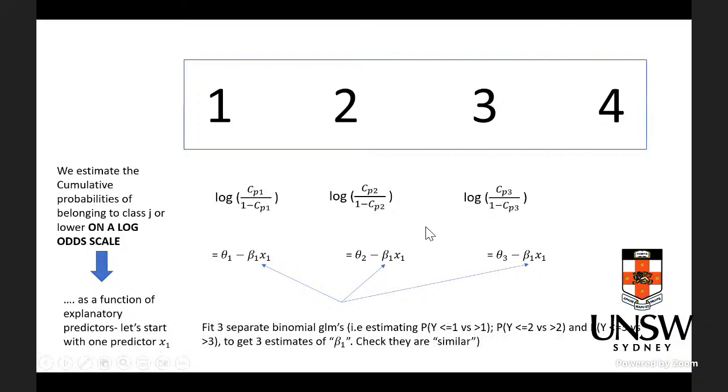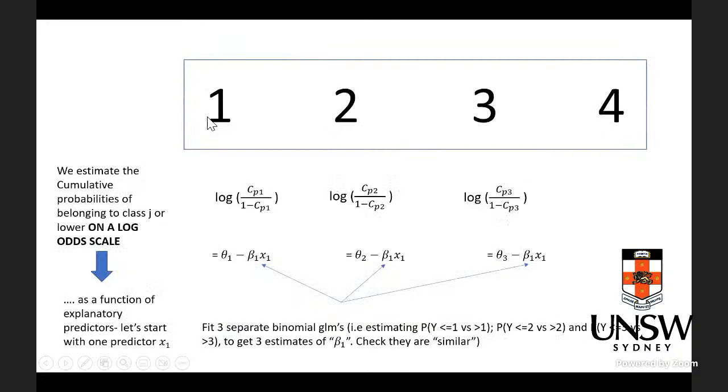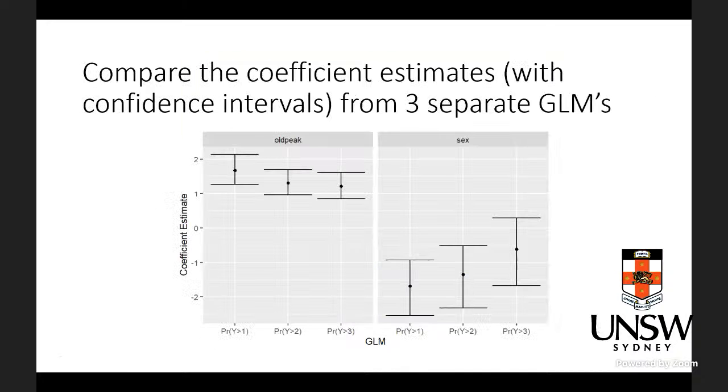So what if we fitted 3 separate binomial GLMs: one to estimate the probability of y being less than or equal to 1 versus bigger than 1, one for less than or equal to 2 versus bigger than 2, and one for less than or equal to 3 versus bigger than 3. Then we'd get 3 estimates of beta 1, and we check that they're similar. That's the graphical solution.